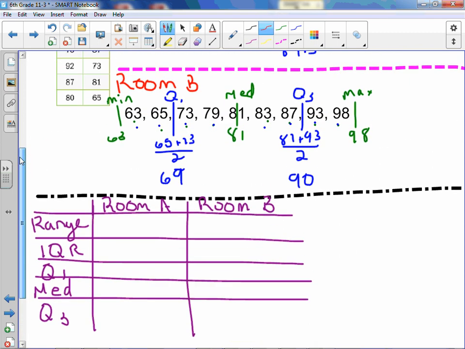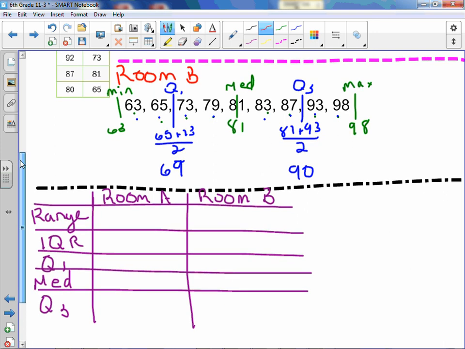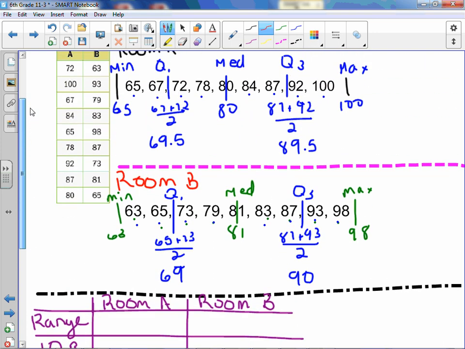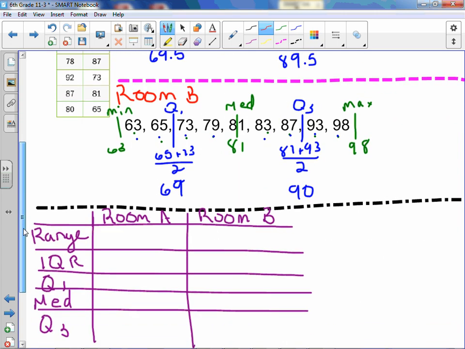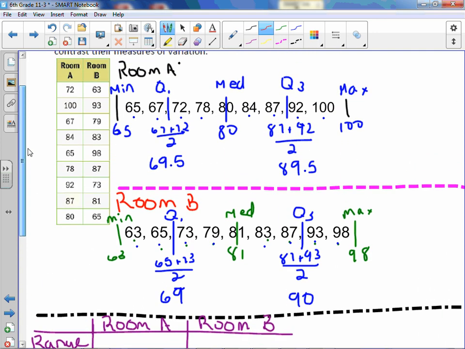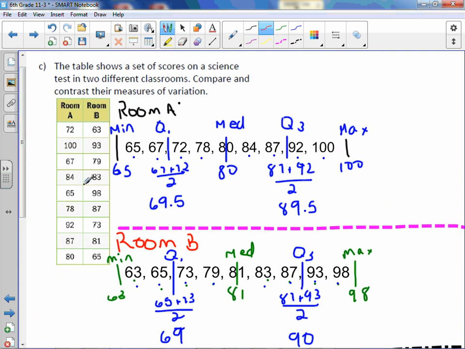Okay. Quartile 3. Let's do everything for room A first. Our quartile 3 is 89.5. The median is 80.